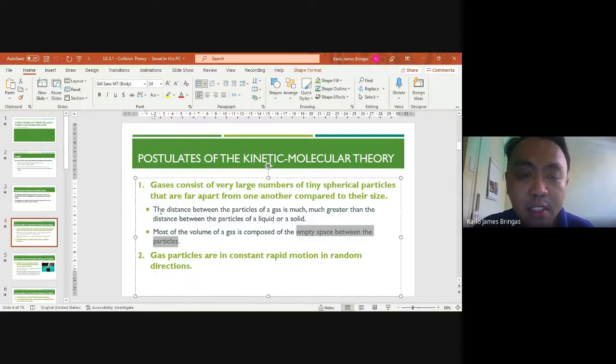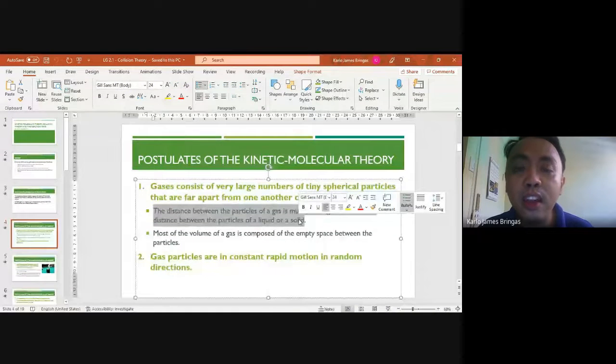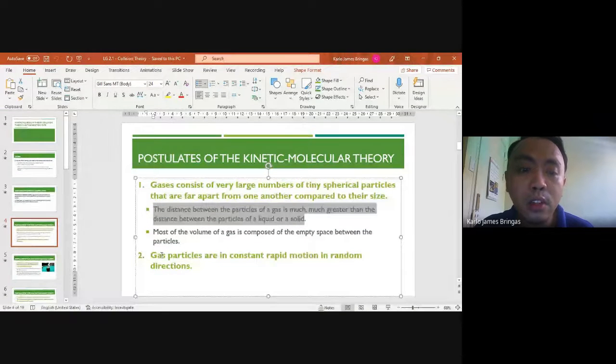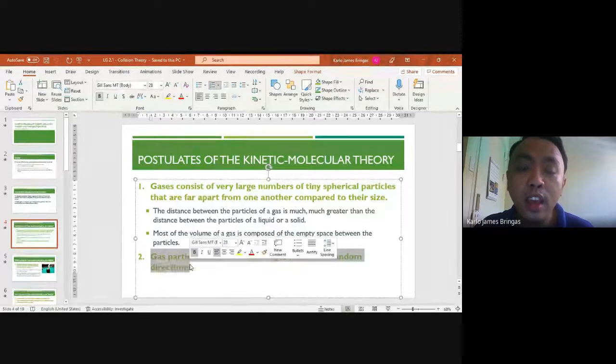And likewise, our gas particles are also much, much greater in distance from one another compared to the particles that are found in the liquid or the solid. This one is particularly important because since our gas molecules are very far apart, it allows our gas particles to move constantly in rapid motion in random directions.